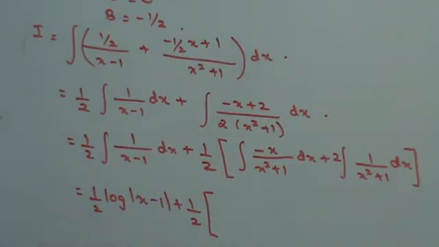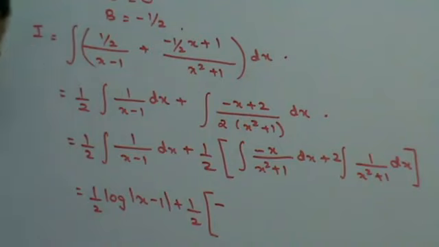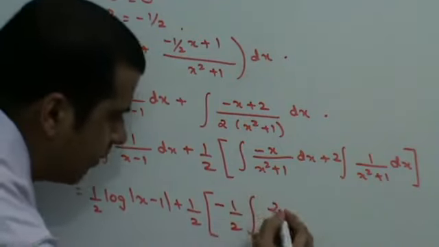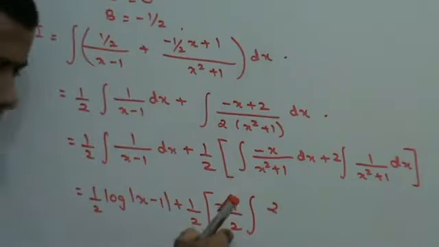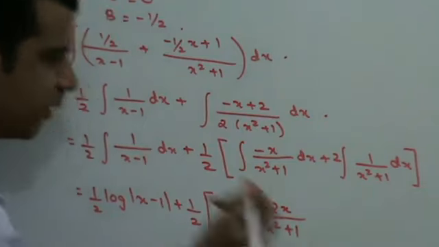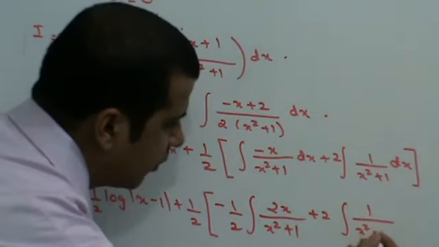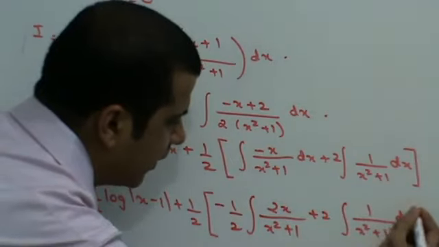So, to get a 2x in the numerator, I can multiply by 2 and divide by 2. Get the minus sign outside. Divide by 2 and multiply by 2. I have divided by 2, multiplied by 2 upon x square plus 1. Thus, the term in the numerator now is the derivative of the term in the denominator, plus twice integral of 1 upon x square plus 1 with respect to x.